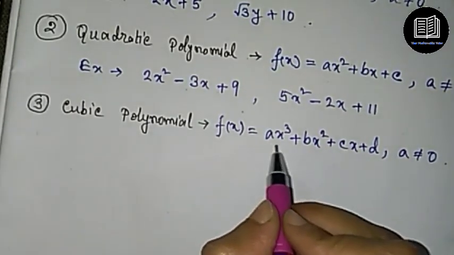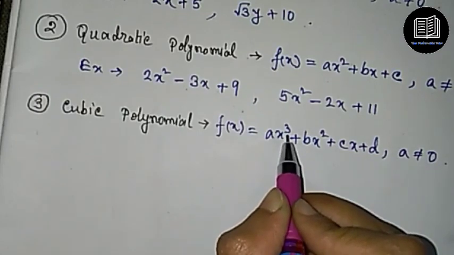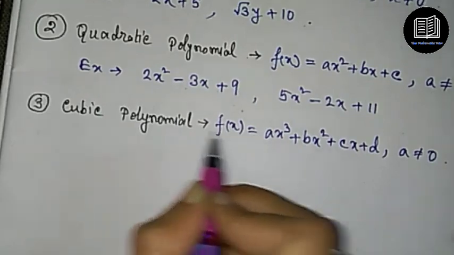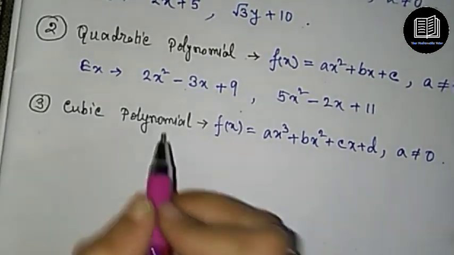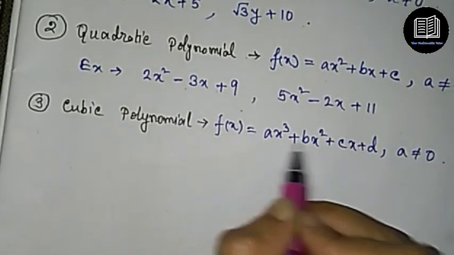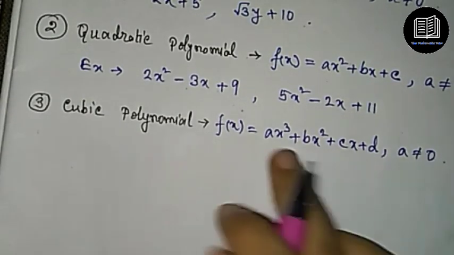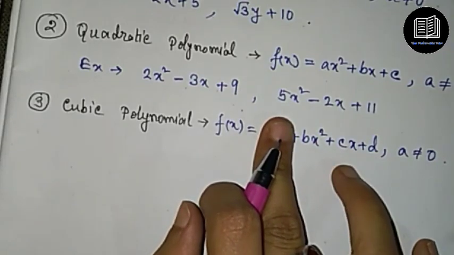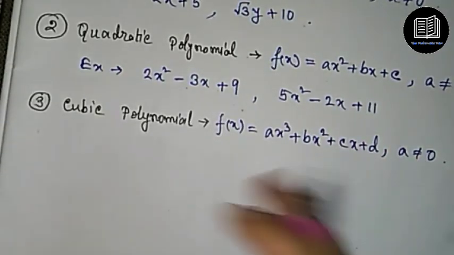See, here the highest power of x is 3. So this is a polynomial of degree 3. Hence it is called a cubic polynomial. And a not equals to 0 because of the same reason, if a be 0, then this term vanishes and the polynomial becomes quadratic. So a must not be 0.